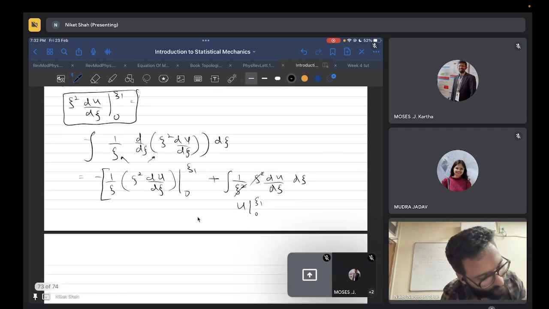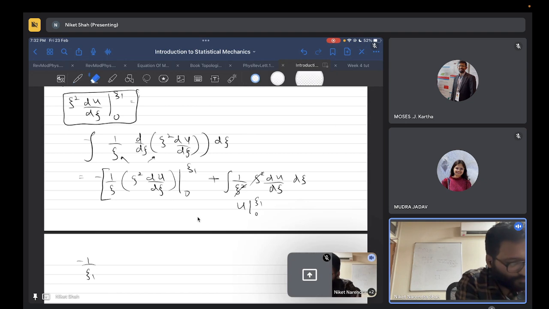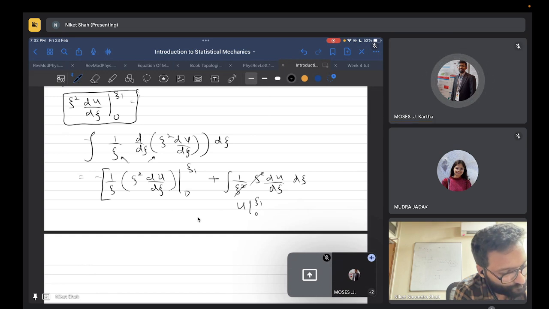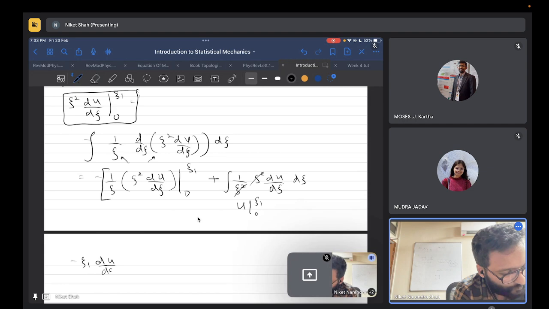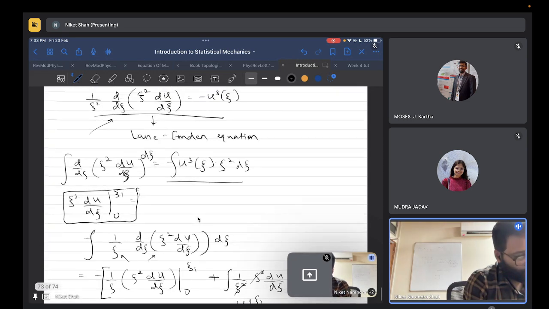Okay, this seems fair enough. Minus 1 by chi1. Also, I have simply here chi1 minus chi1 du by d chi at chi1, right? And minus 0. Okay. Wait. What was this value though?